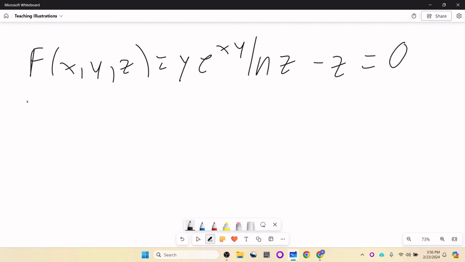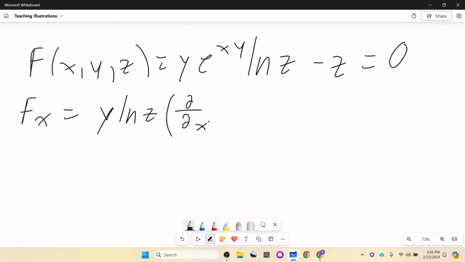All right, so let's do f sub x. It will be, so let's do the first term, y ln z are all constants. Remember, when we're doing implicit, we pretend like z is independent of x, y, so we don't have to bother with the del z, del x whenever we see it. Then derivative here would be, well, let's just do it like this.